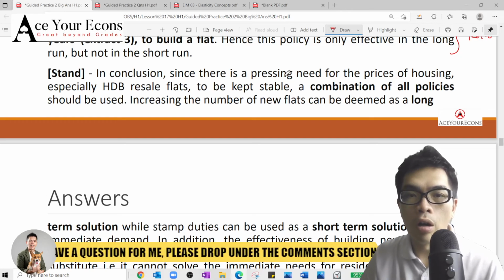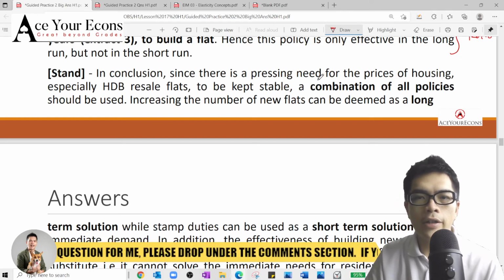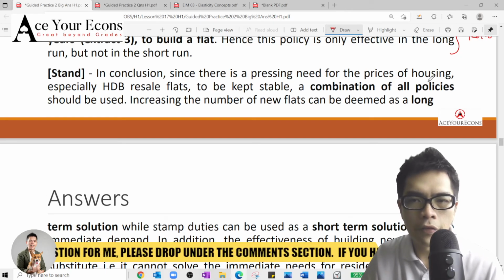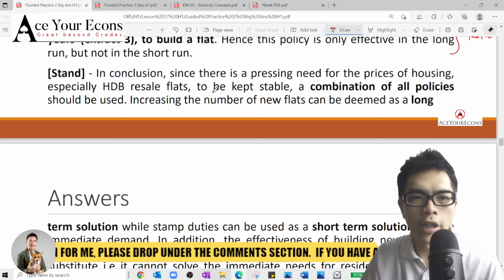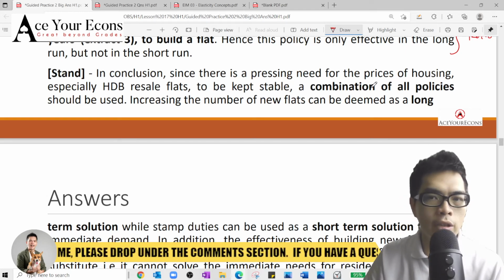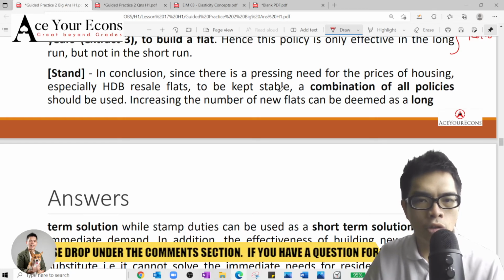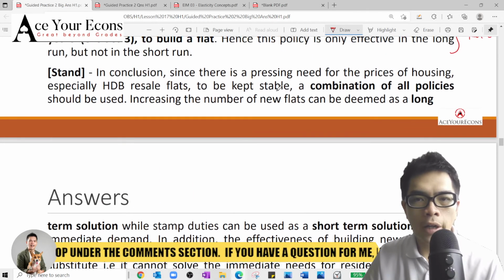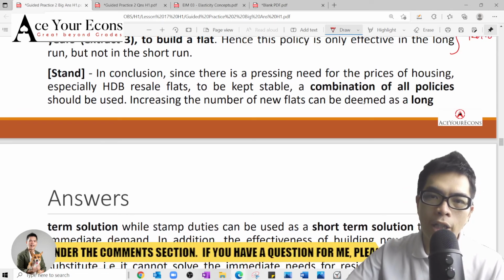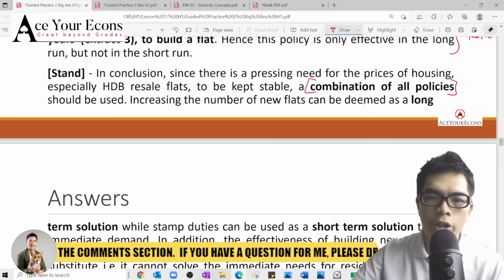So overall, you realize that there's a pressing need for housing, especially HDB resale flats. So in order to stabilize prices of flats, a combination of policies should be used. Whenever you state combination, you need to justify why there is a need for combination.